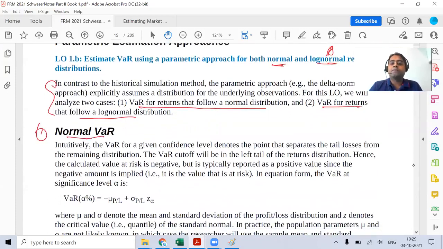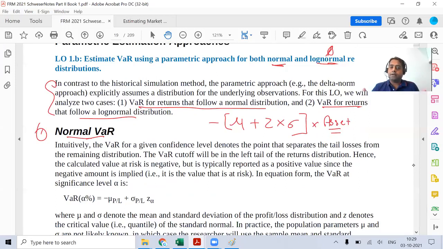What was the basic formula of delta normal VAR that we talked about in level 1? We said this. And this is going to give me the percentage VAR. When I multiply it with the asset price, I get the dollar value. But see, the entire VAR percentage or VAR dollar value is actually a loss that we are talking about. So by default, there is a negative sign over here.